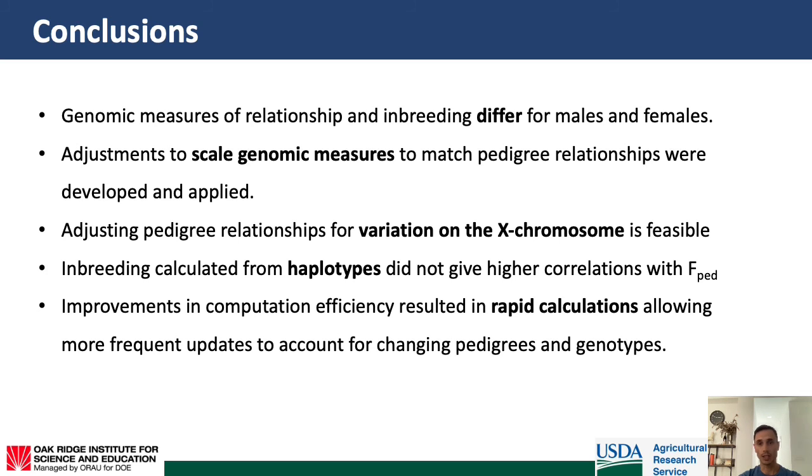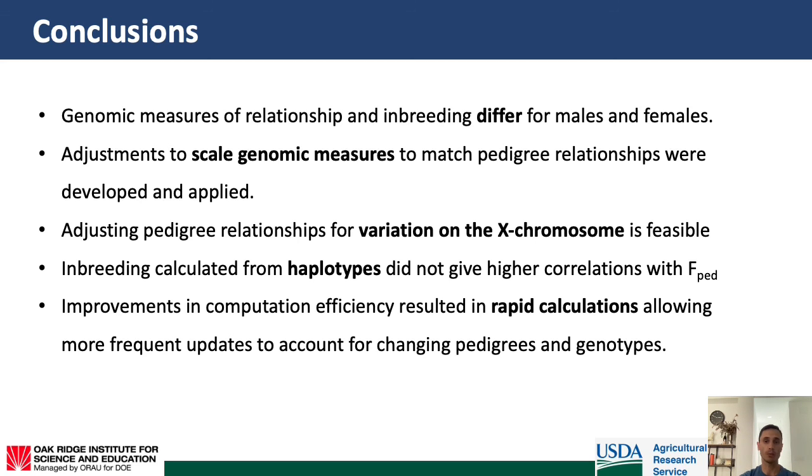Finally, we can conclude that the genomic measures of relationship and inbreeding are different for males and females, and that the adjustments to the scale of genomic measures to map the pedigree relationships were successfully applied to the whole national evaluation. Adjusting pedigree relationship for variation on the X chromosome is feasible, but the acceptance of this approach might require more education for the general public.